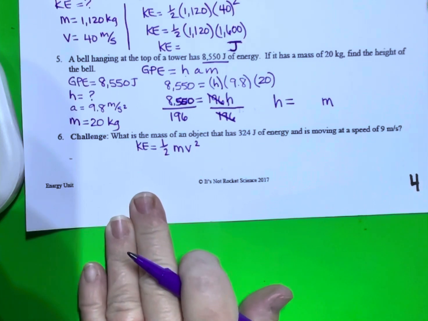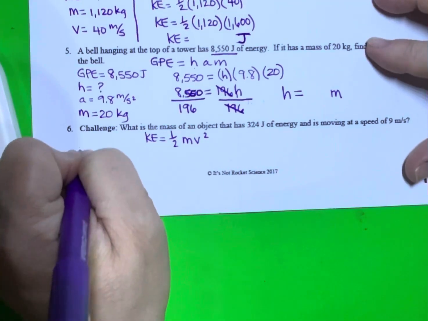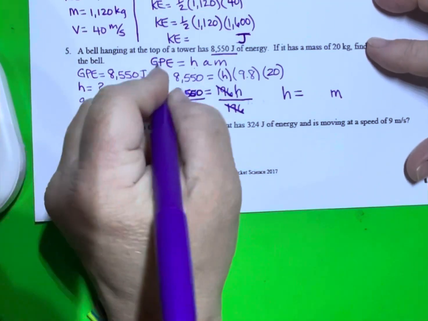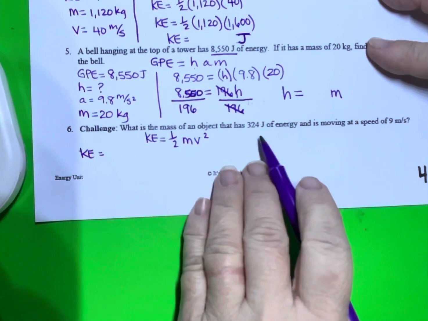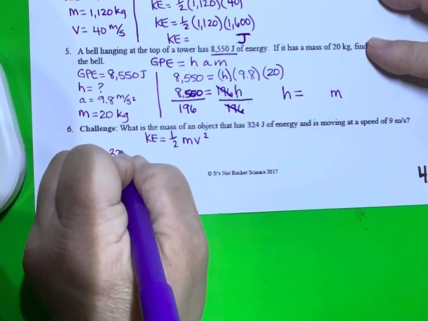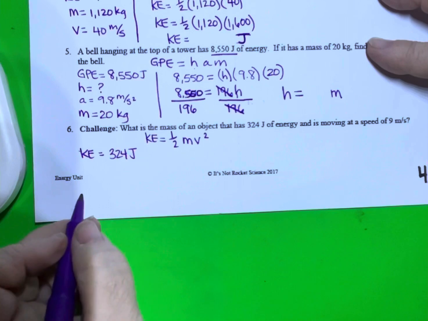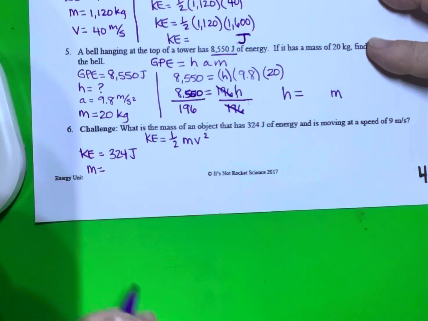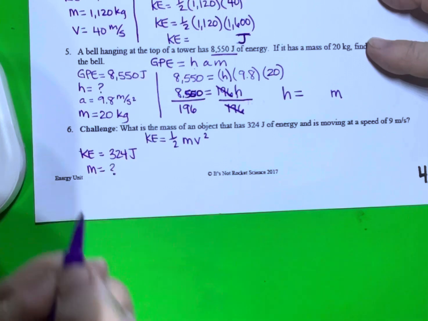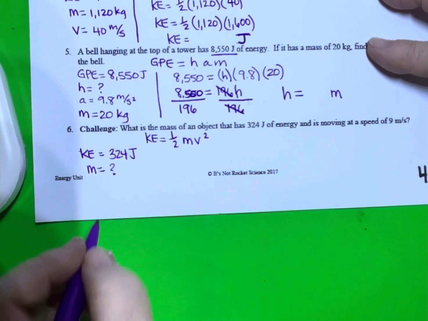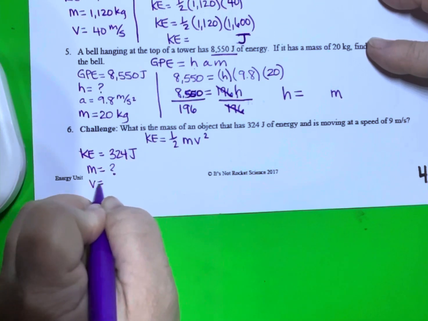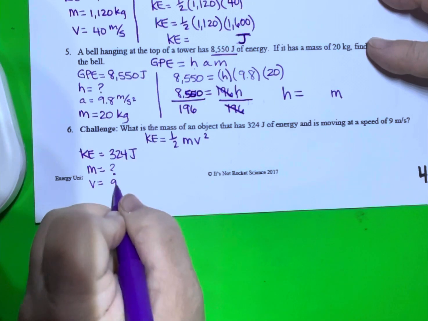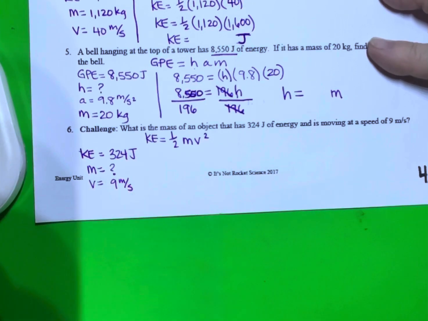So let's plug in what we know. Kinetic energy is equal to 324 joules. Mass is equal to, well, they're asking you what is the mass, so we don't know. We're going to have to find that. And then the velocity is equal to 9 meters per second.